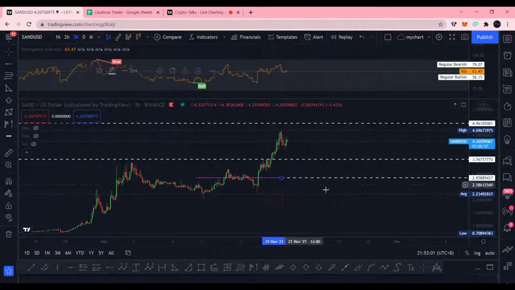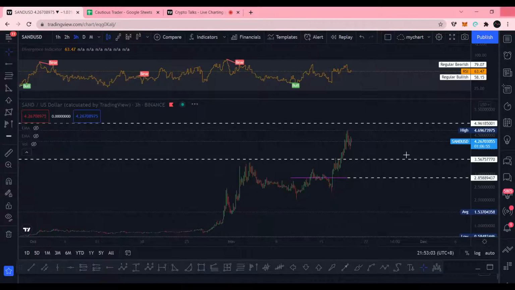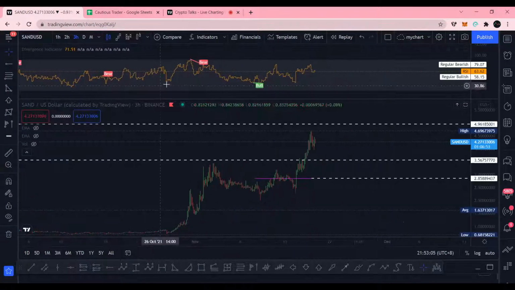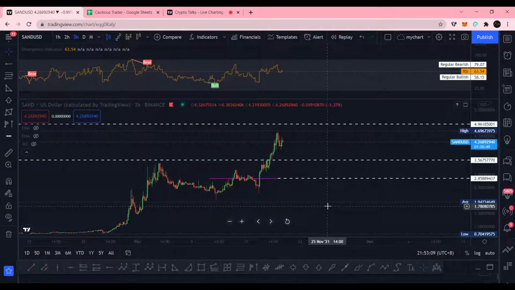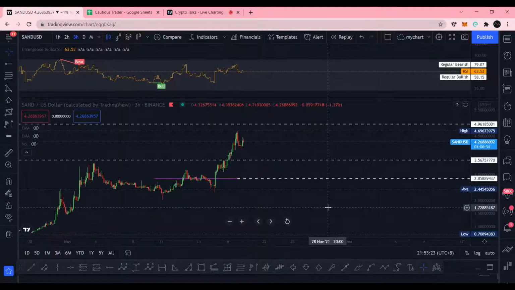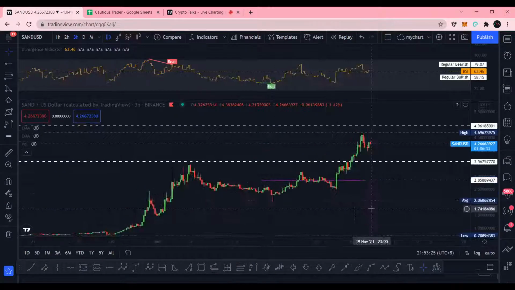Yeah, I have no Sand holdings, just Mana, because I think I settled most of it or all of it in USDT. So I'm just trying 3 hours, nothing much.